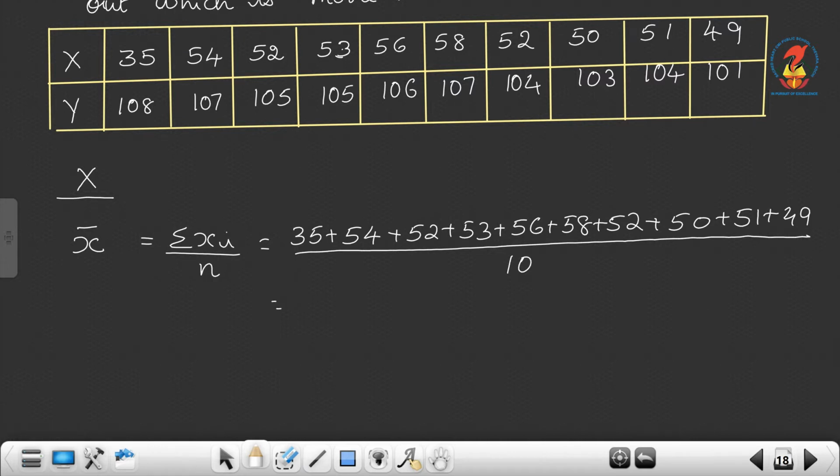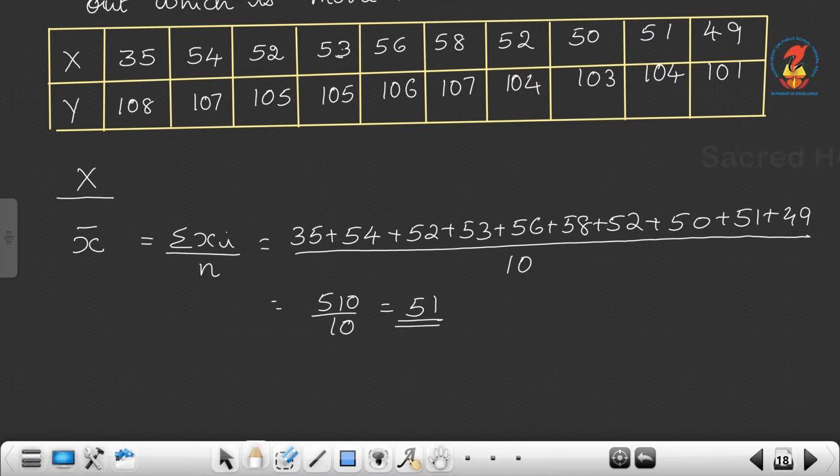Adding them up: 400, 450, 460, 466, 471, 475, plus 35 is 510. So 510 by 10 is 51. So for this X, the mean is 51.